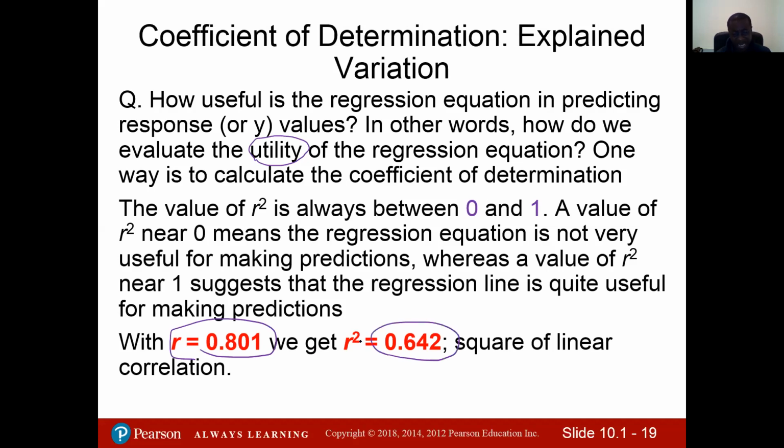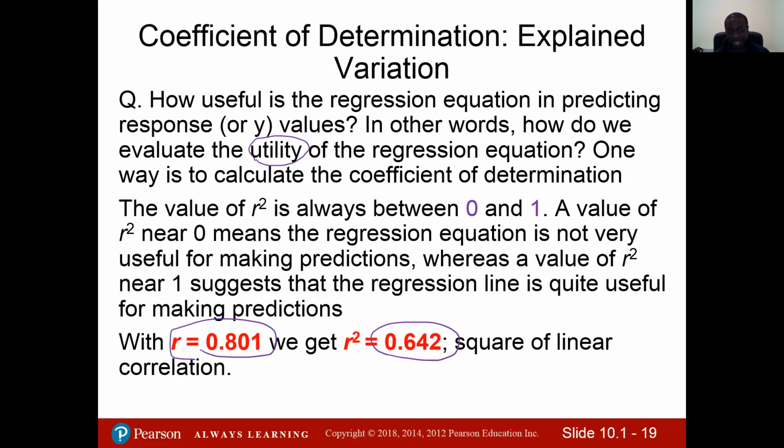So what does that mean? It means 64% of Nobel Prizes is explained by chocolate consumption. I don't know whether that makes sense or not, but according to this model, that's what it's telling us. But that's why sometimes we have to use our common sense.